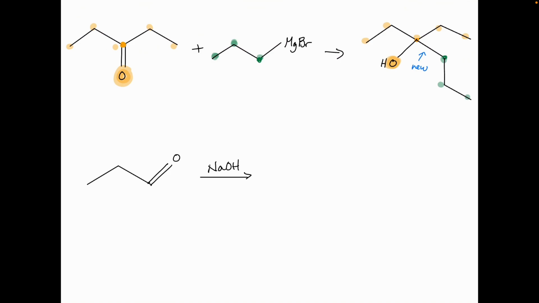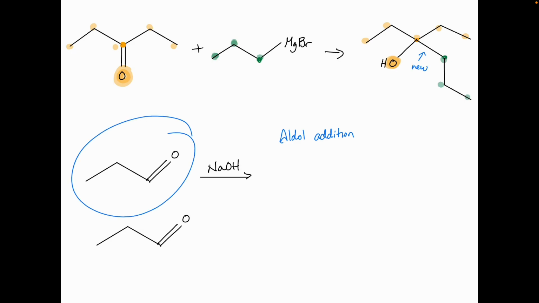All right, so again, these are called aldol addition reactions. What I'm going to do is make a copy of my aldehyde, because these reactions take place between neighboring molecules. If I have a beaker of this, I don't just have one molecule like in our pencil and paper chemistry. I have a bajillion of them.